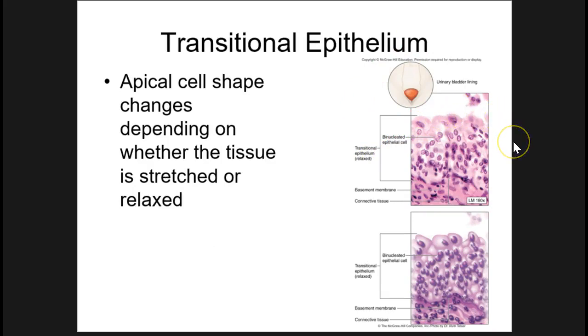So you start to see the pattern recognition that goes into this. Even just looking at one slide example for each of these types of tissue, imagine somebody just throws a random slide at you, you don't know what organ you're in, you don't know what part of the body you're in, all you see is that there's a white space and you kind of have to work your way backwards from there. You have to try to find that basement membrane. In this picture, it is not a stained basement membrane. It is hard to see where that basement membrane is in that picture.